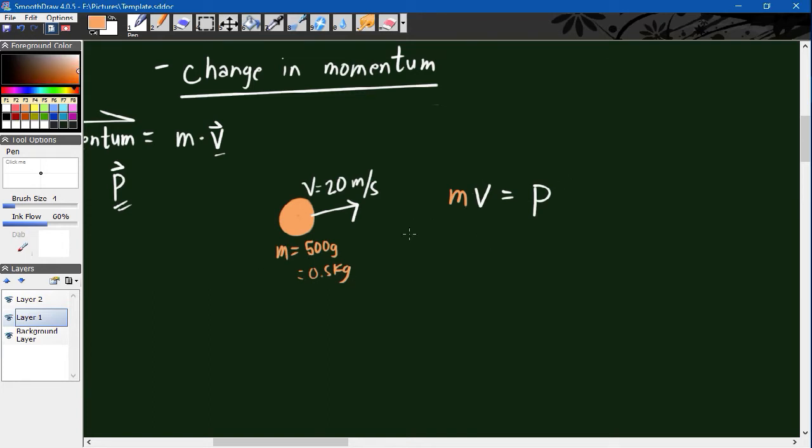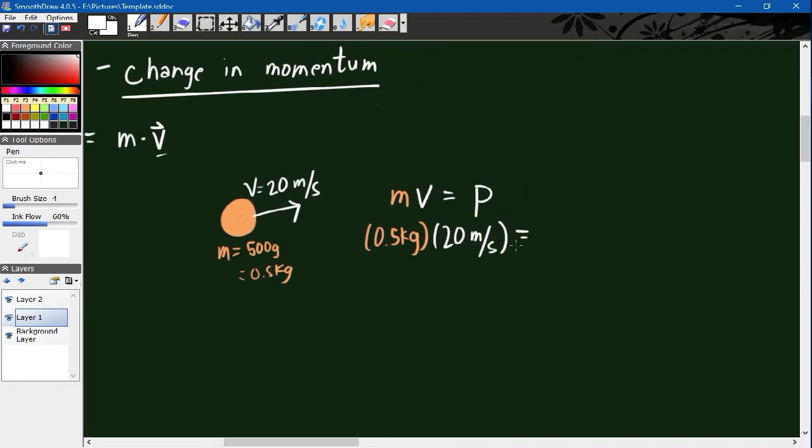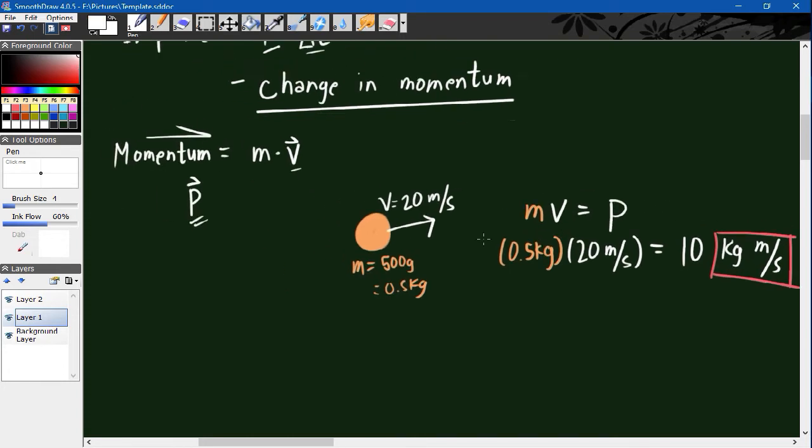The mass is 0.5 kilograms, and the magnitude of the velocity is 20 meters per second, giving us a momentum of 0.5 times 20, that's 10 kilogram meters per second. By the way, this right here is the SI unit for momentum, kilogram meters per second. Wow, weird.